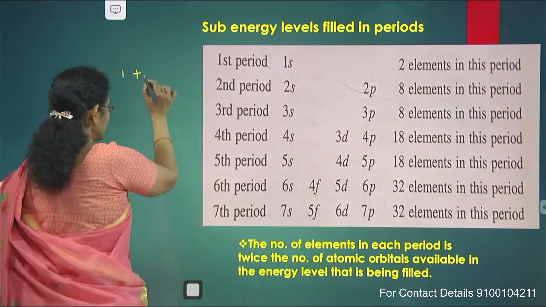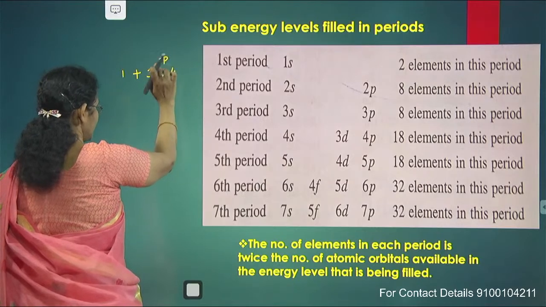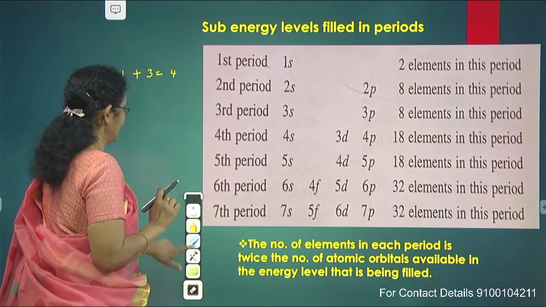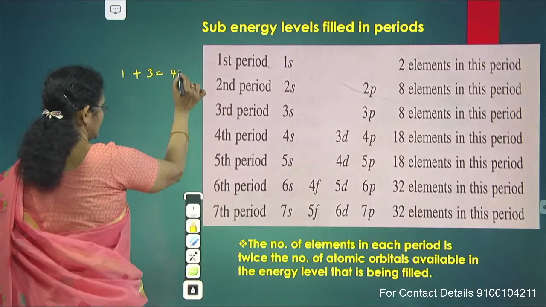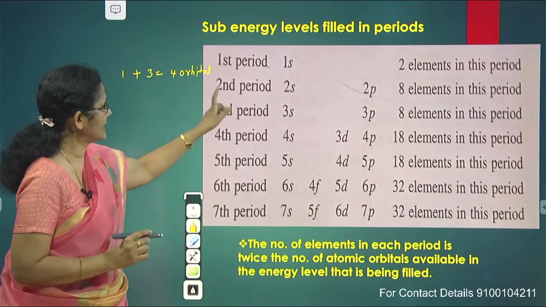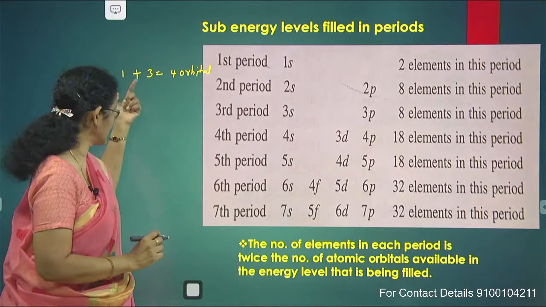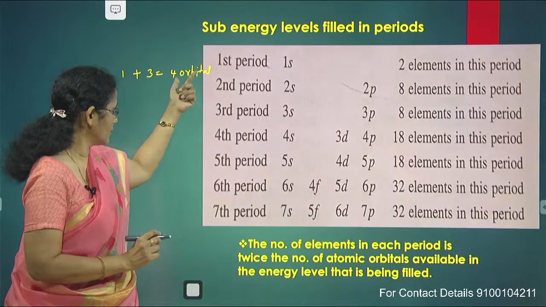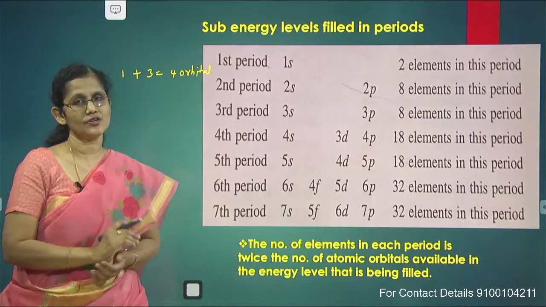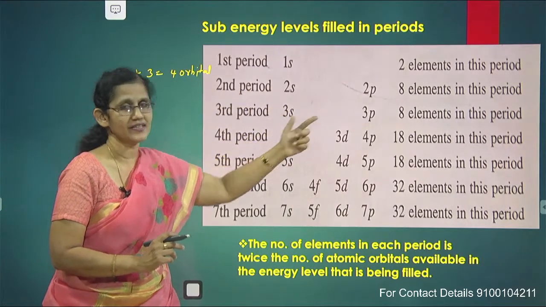Together there are 4 orbitals. Observe here, in the second period 2s and 2p are successively filled. One s orbital and 3 p orbitals, together 4 orbitals, are present. Each orbital can accommodate a maximum of 2 electrons, so 8 electrons can be filled. So, 8 elements are present in the second period.